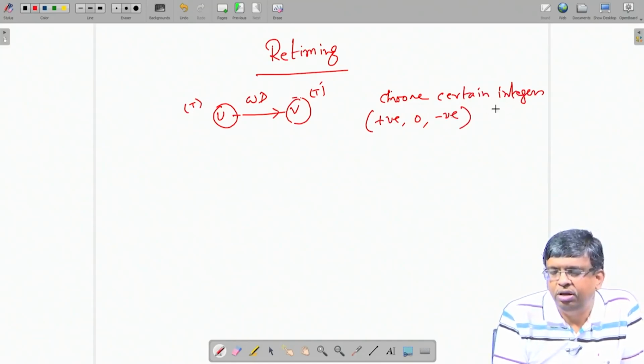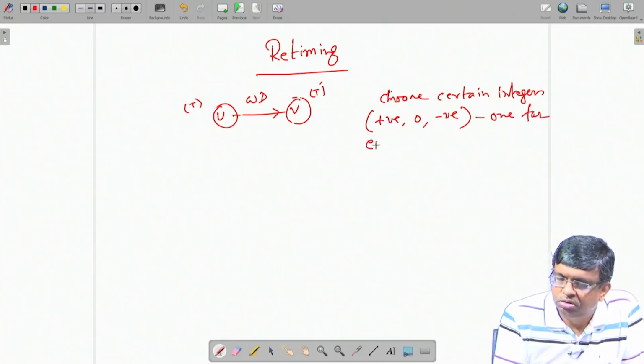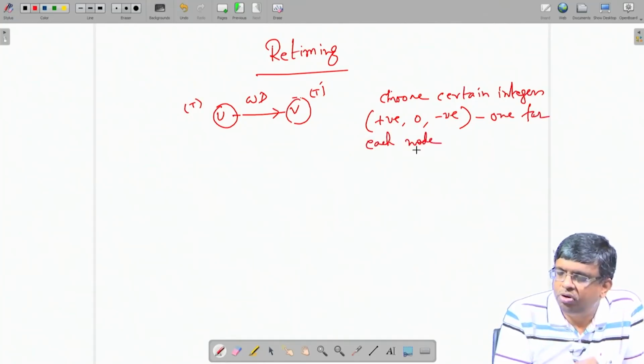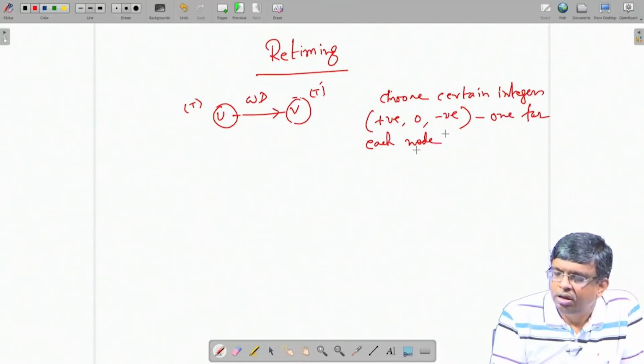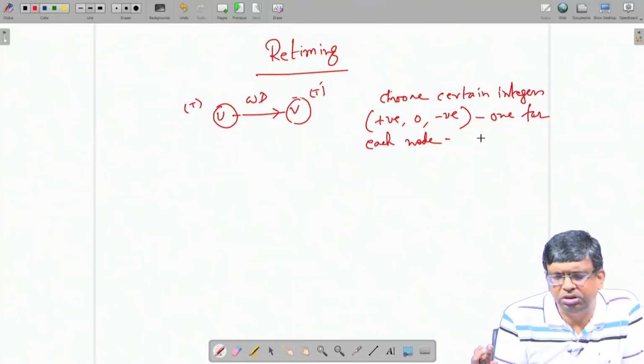You are absolutely free. You can choose certain integers, 1 for each node. So, you choose one integer, assign it to one node. You choose another integer, assign it to another node. Choice is yours, positive, negative, 0, no problem.